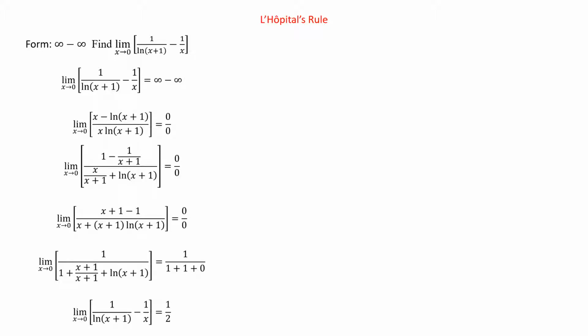So to write them as one fraction, we needed a common denominator. So we multiply by x over x here, multiply by the natural log over natural log there, and we get our fraction, which now is 0 over 0.